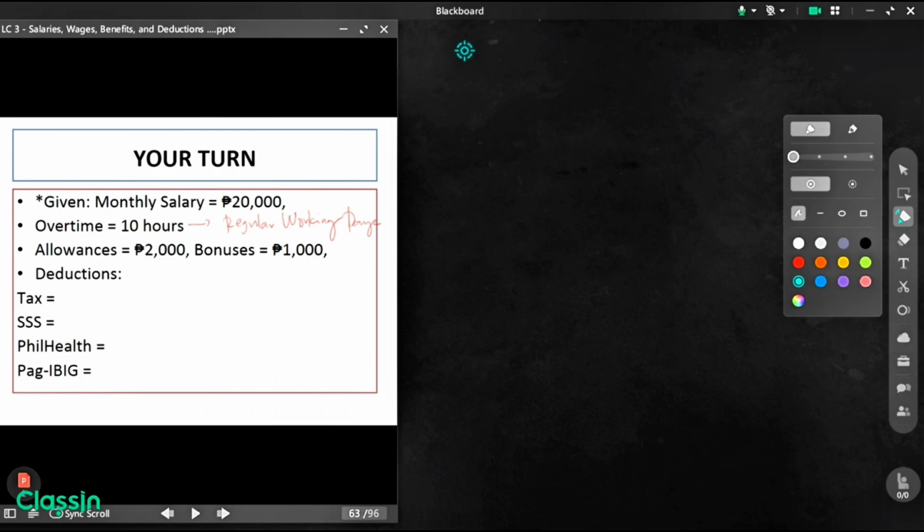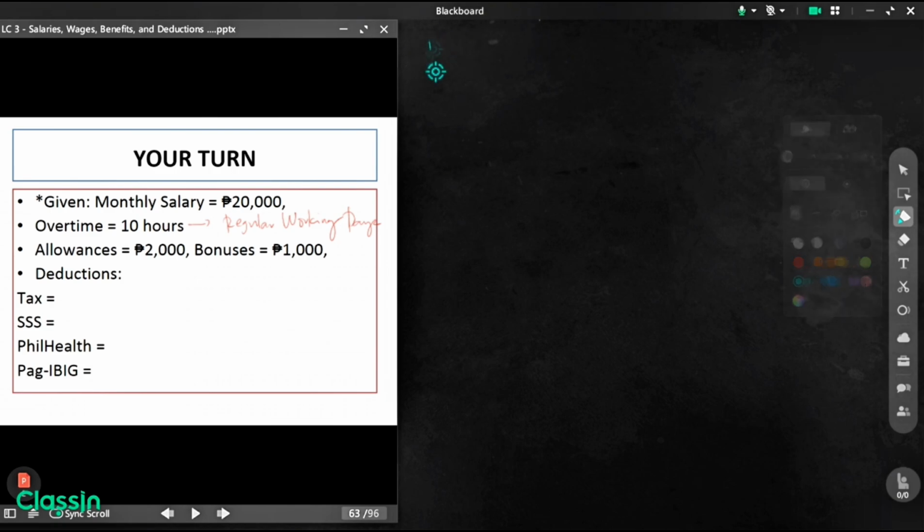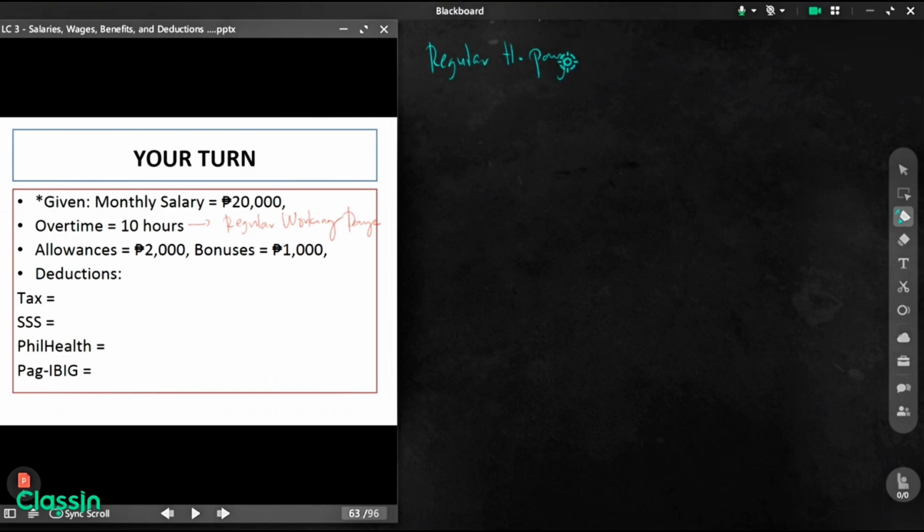So let's have first the regular hourly pay. So monthly salary divided by 8 times 22. 8 is for 8 hours a day, and 22 are the regular days for a month.